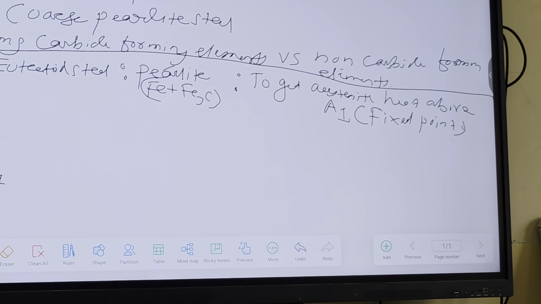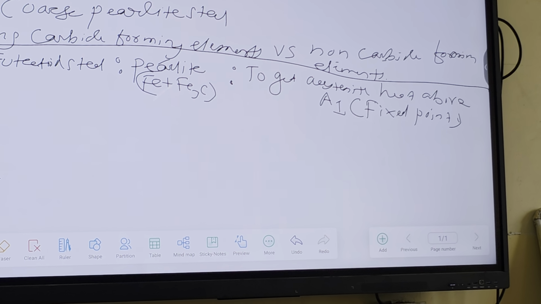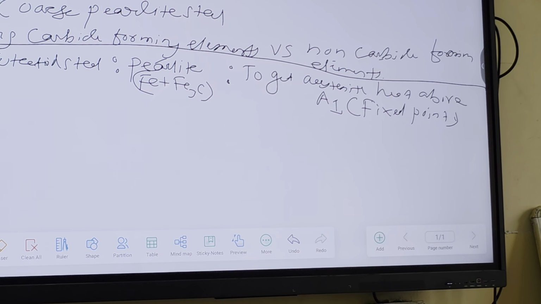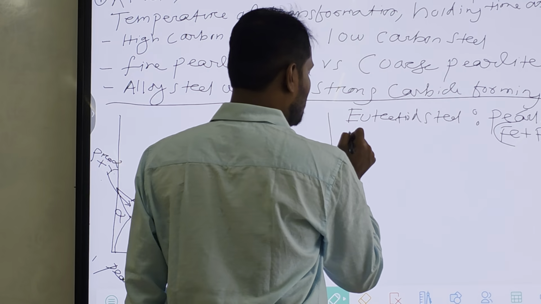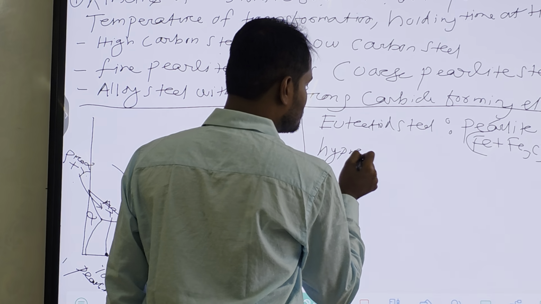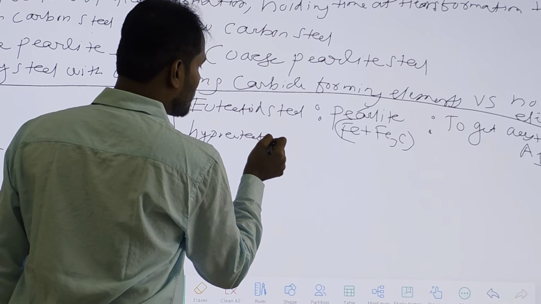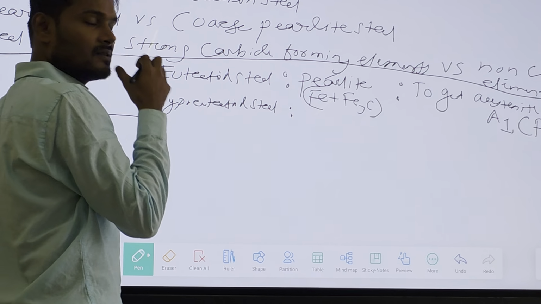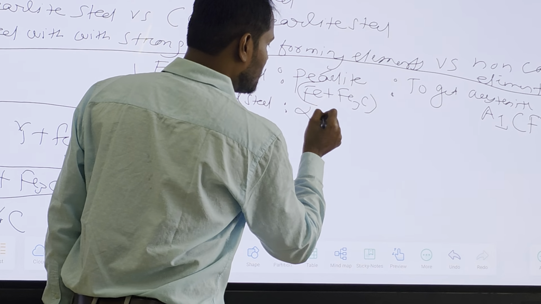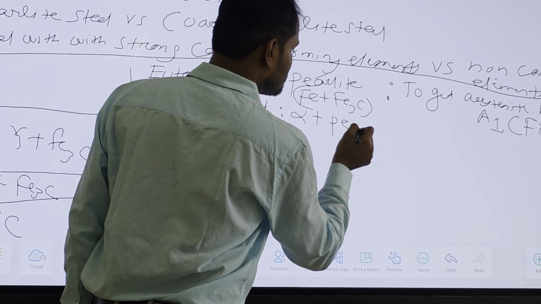But in the case of hypo, suppose this is hypo. If you start going to this region, what is the initial phase? I can write here. Hypo-eutectoid steel. So, what is the initial room temperature phase? Ferrite plus pearlite.